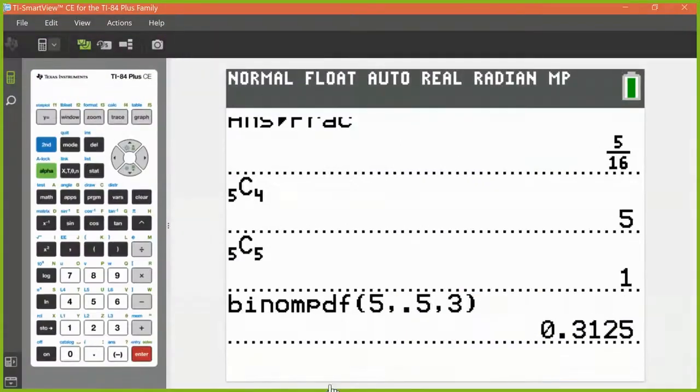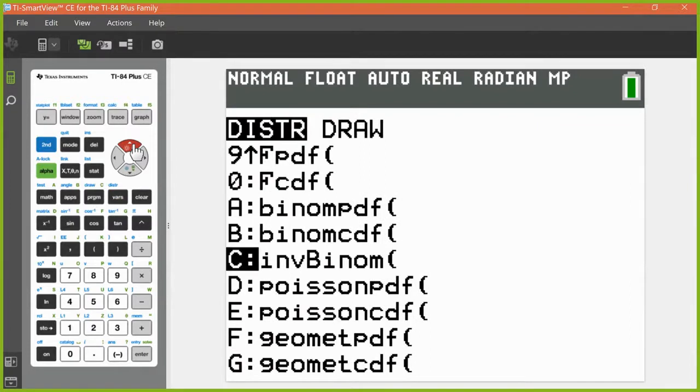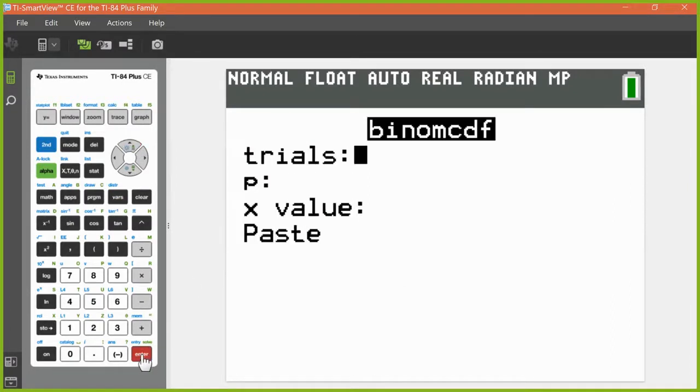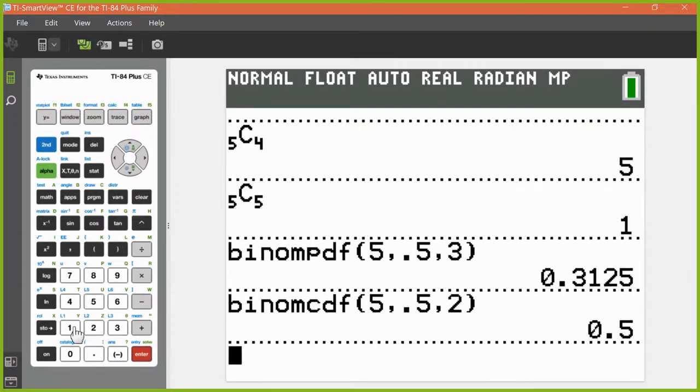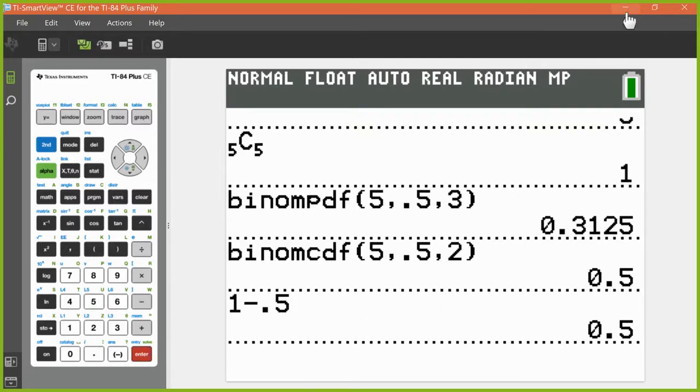Going to open it up. We're going to go to second vars to B this time, binom CDF, 5 trials, 0.5 probability, and I want 2 or less. And then I'm going to do 1 minus 0.5, which is just 0.5.